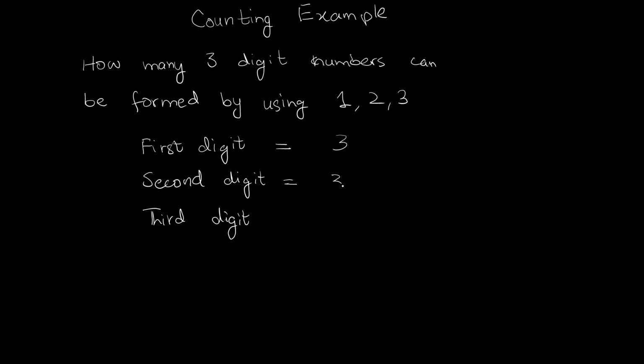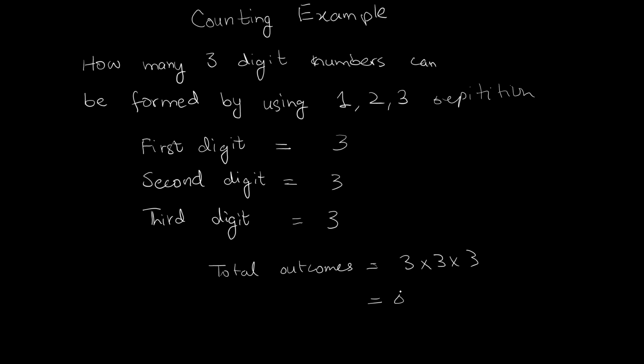For the second digit, we again have 3 choices, and for the third digit, we again have 3 choices because the repetition is allowed here. We'll discuss this in detail in the next part as well. And therefore, the total outcomes would be 81.